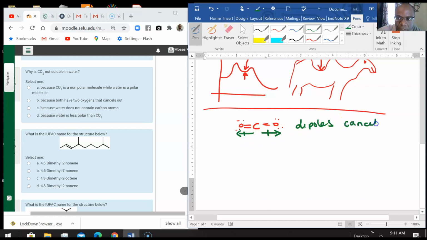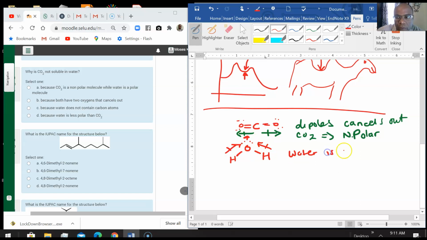So the dipoles are canceling. So CO2 turns out to be nonpolar. Now what about water? In the Lewis structure of water, you will have the hydrogens at an angle, dipole moments pointing towards the more electronegative oxygen. So the net dipole moment points up. So we know that water is polar.